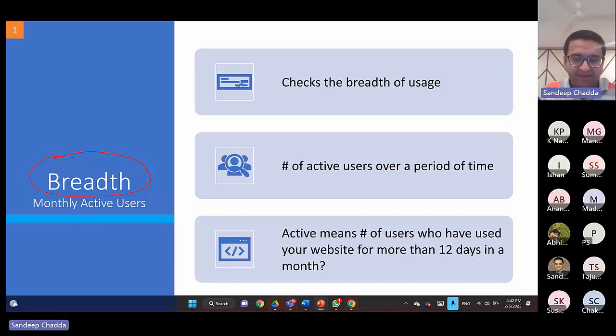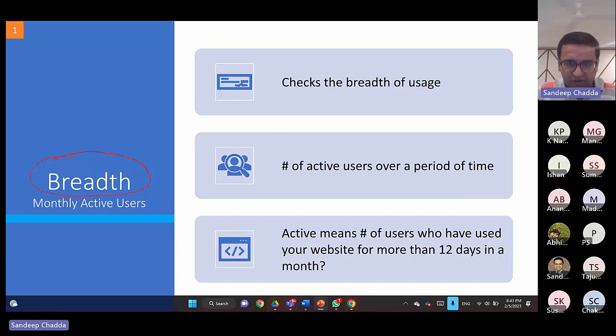Breadth really means if I am looking at Amazon.com, how many users are landing on my overarching homepage? How many users are landing on Amazon through affiliate links? How many users are landing on Amazon maybe directly on the product details page? But what is the overarching breadth of my usage?